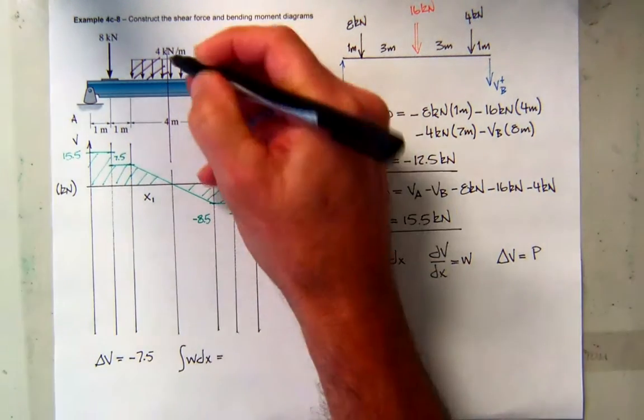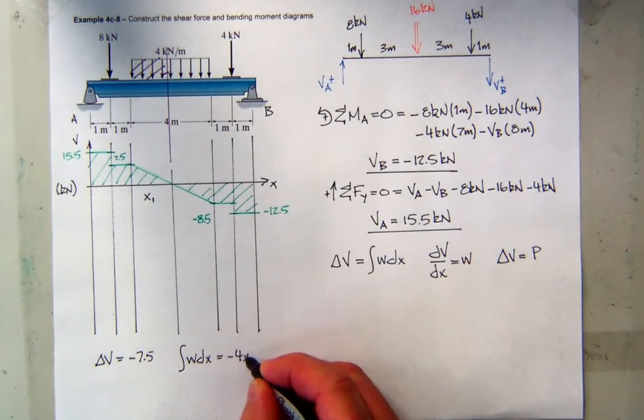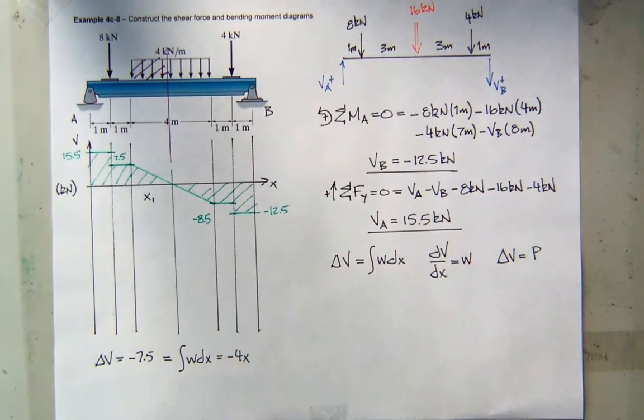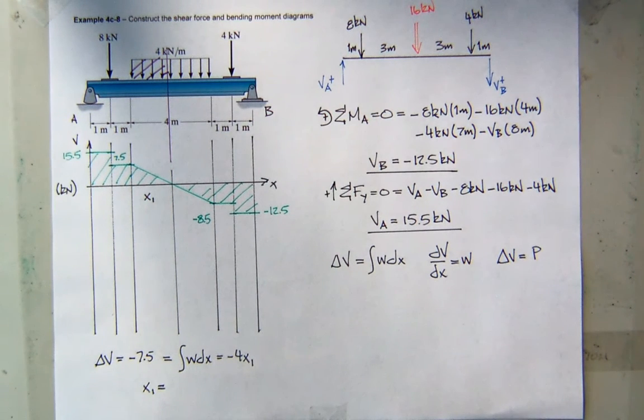It's a rectangle, base x1, height 4, minus 4 x1. Those two things are equal. Solve for x1. What's 7.5 divided by 4? 1.875.